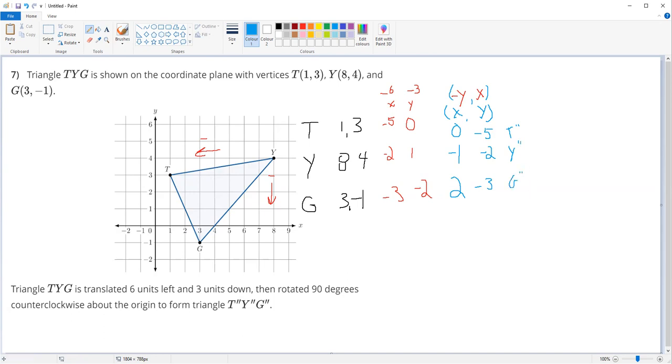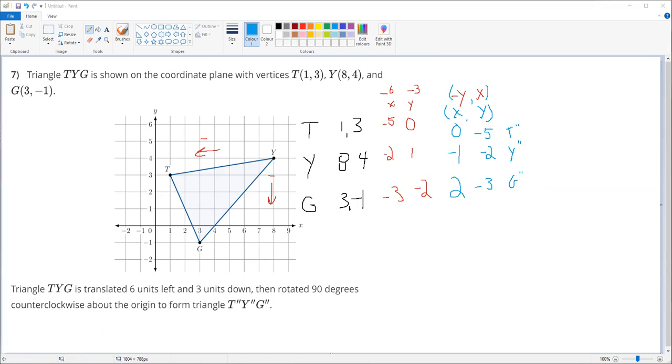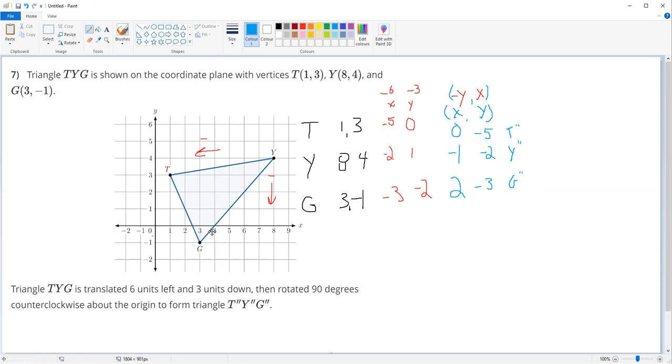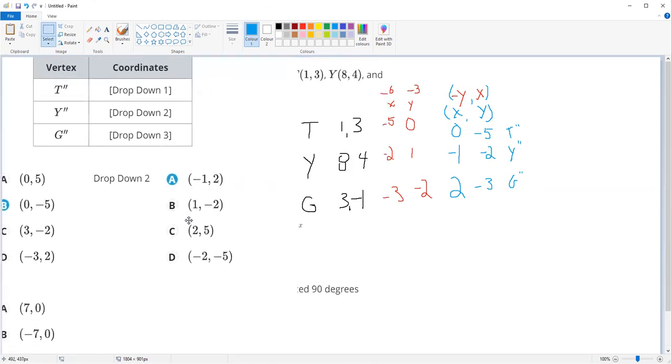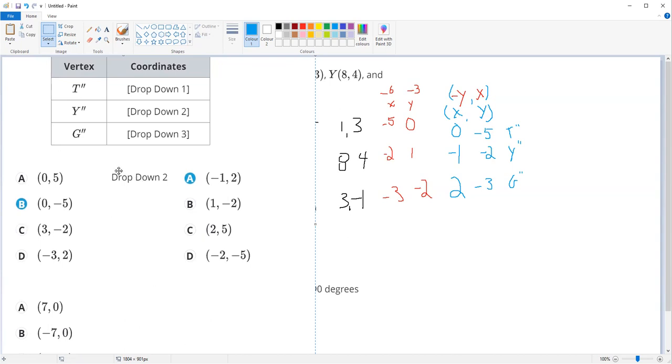And let's pull those down from the drop downs. So I drop down A. Right here. So my drop down A was t double prime, and that was 0, 0, 5, negative 5, right there.